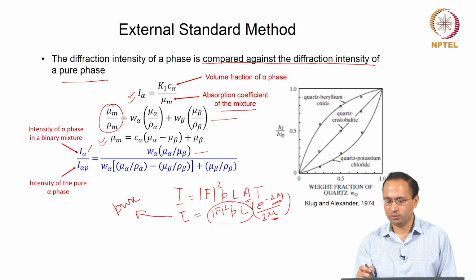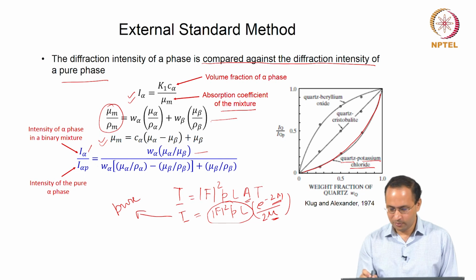So, suppose in this case you see some examples, if you look at the plot. This lowermost curve was derived for a quartz potassium chloride mixture. So, quartz here is the external standard, okay. A mixture of quartz and potassium chloride.